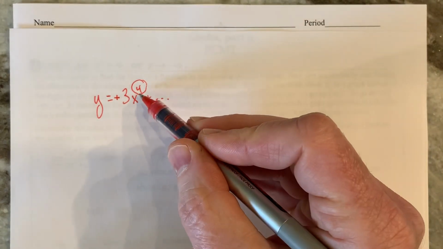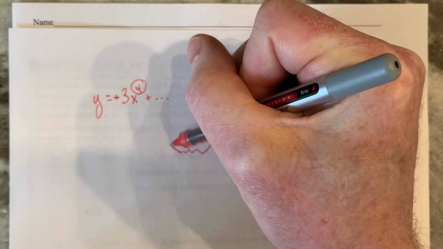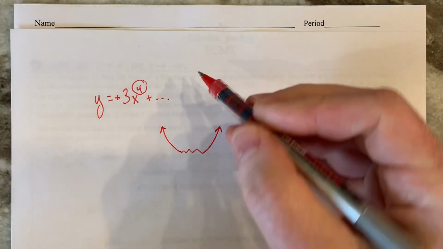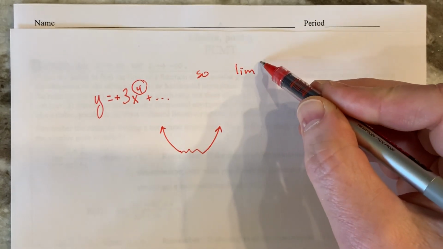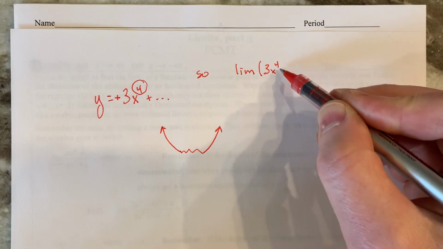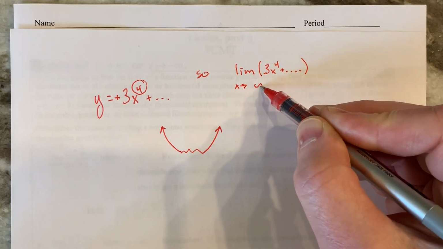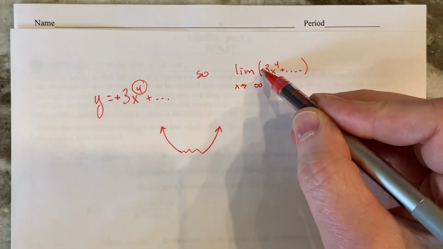And the fact that it's even, no matter what it does somewhere in the middle, it's eventually going to go back up in the same direction as the right side. So if I were to ever ask you what is the limit of this function, 3x to the fourth plus whatever, as x went to infinity, you could say, well, I know about polynomials because it's positive, it's going up to the right.